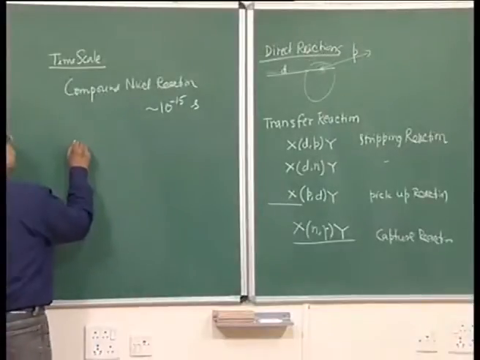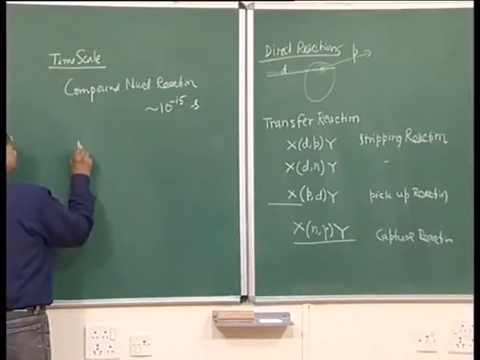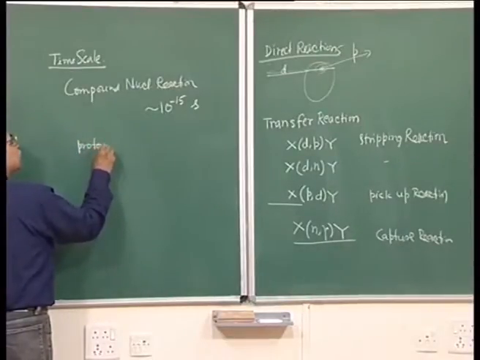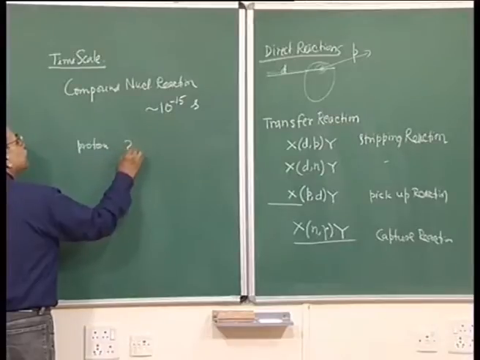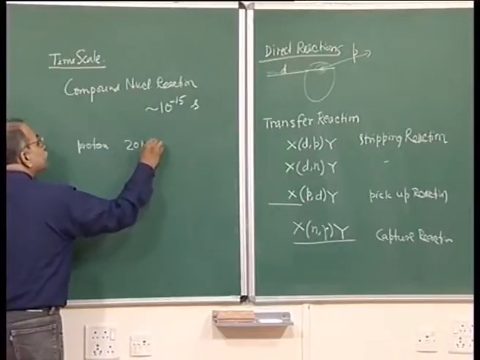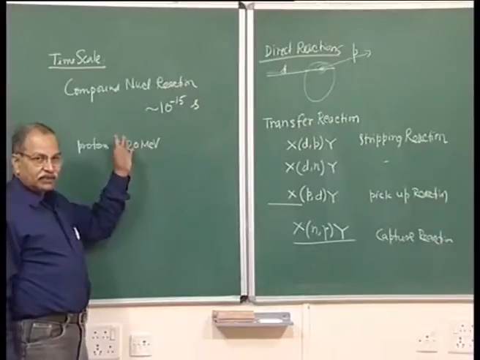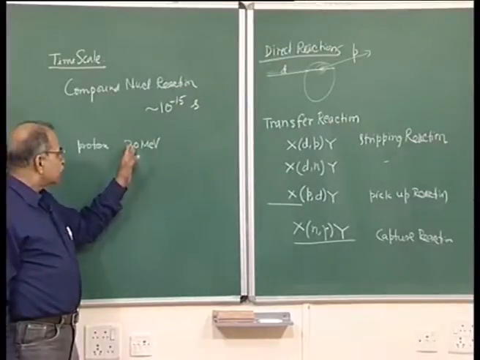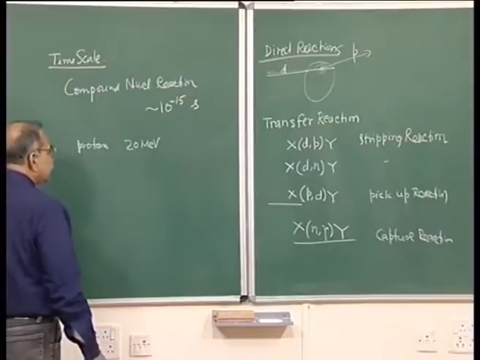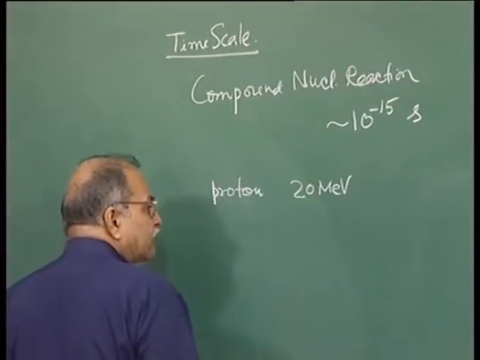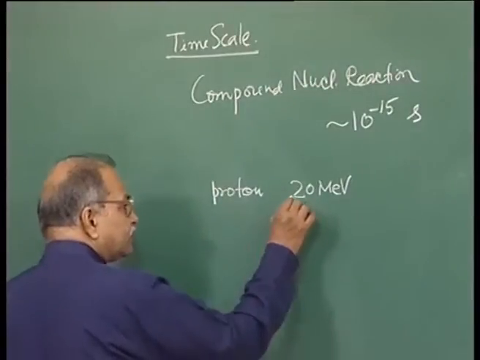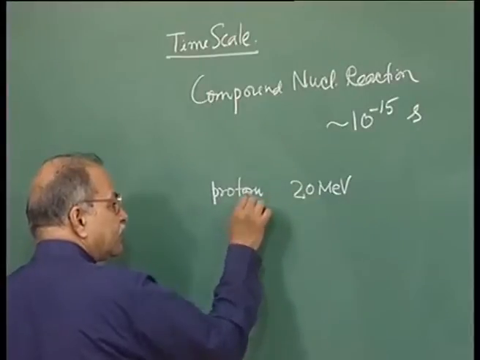Let us do that. Suppose the incident particle is a proton, and let us say the energy is 20 MeV. For direct reactions, the energy has to be large, so I am taking somewhat smaller energy here. I can calculate the speed of this 20 MeV proton.